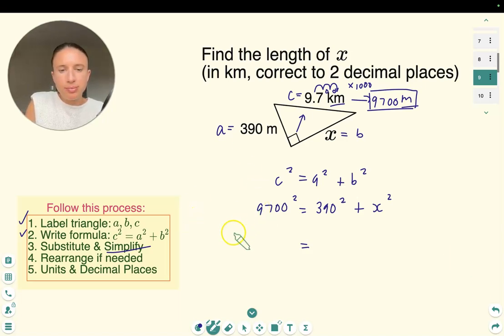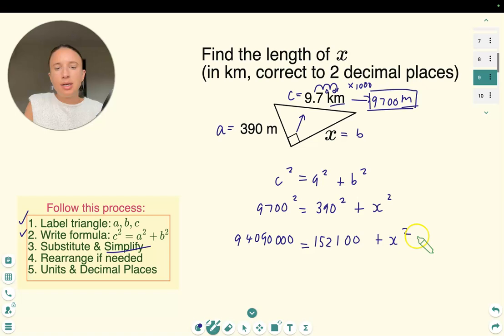It's a big one. 94,090,000. 390 squared is 152,100, plus X squared.